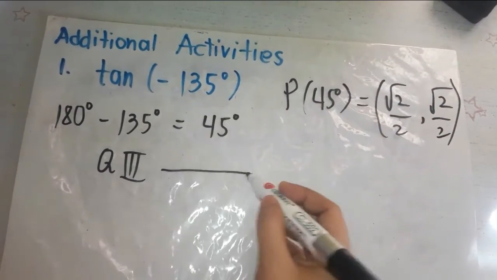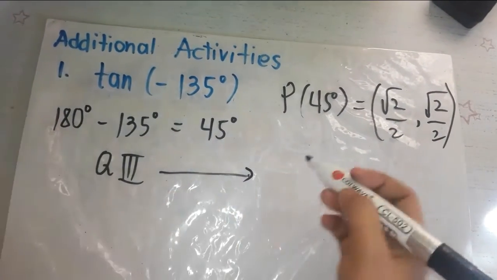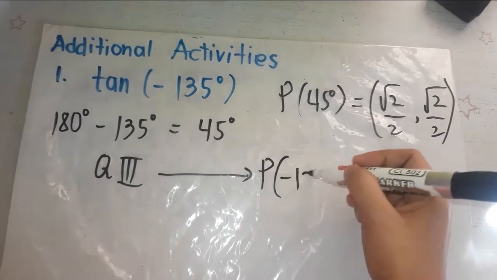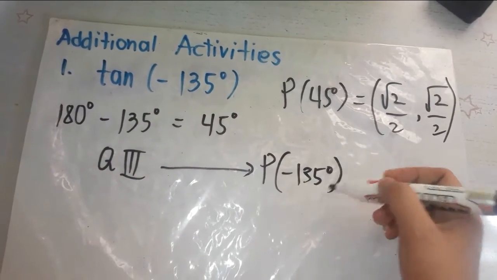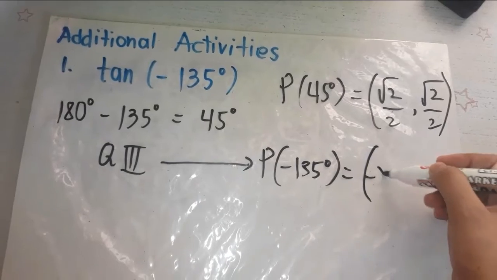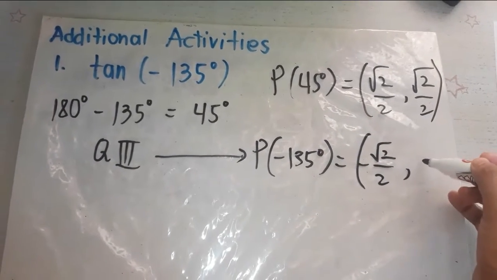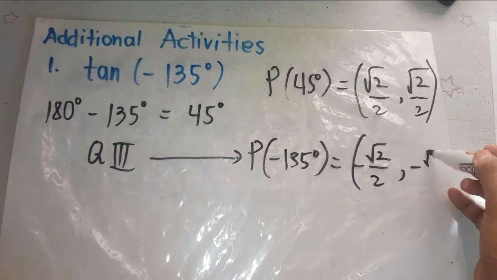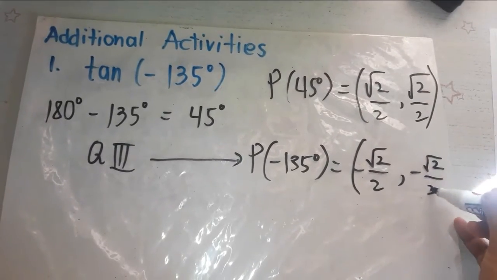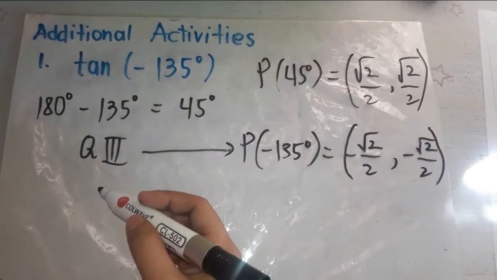Now again, note that it is at quadrant 3. So, P of negative 135 degrees is actually negative square root of 2 over 2 and negative square root of 2 over 2. Because again, we are at the third quadrant.